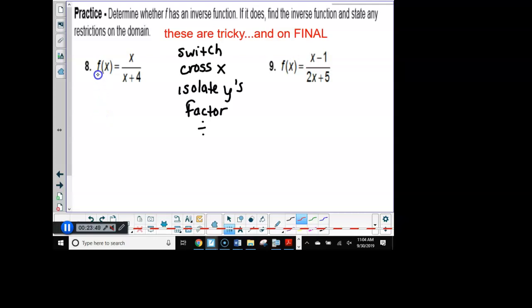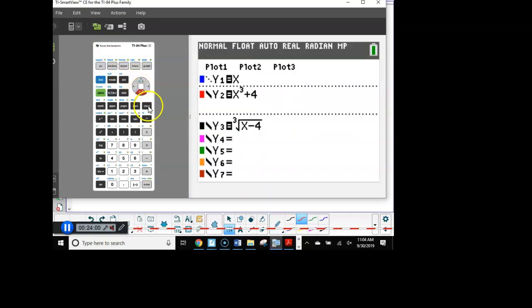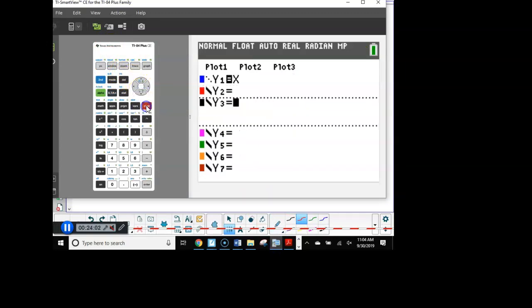For the process. Okay. First of all, anybody want to sketch that, x divided by x plus 4? You would need x divided by the quantity x plus 4.